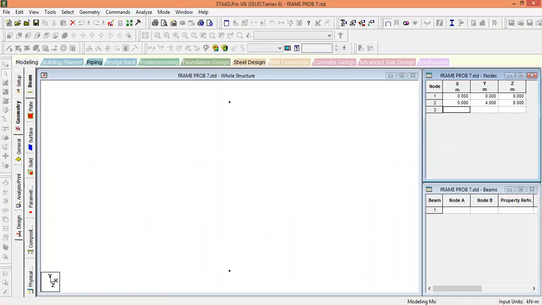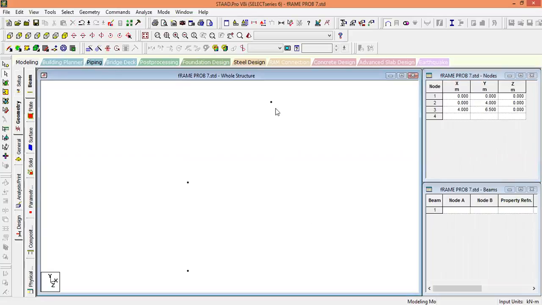And the crown, which is node 3, has the coordinates 4, 6.5, where 4 is the x coordinate and 6.5 is the y. I got the 3 nodes. Now I will just connect them like this.